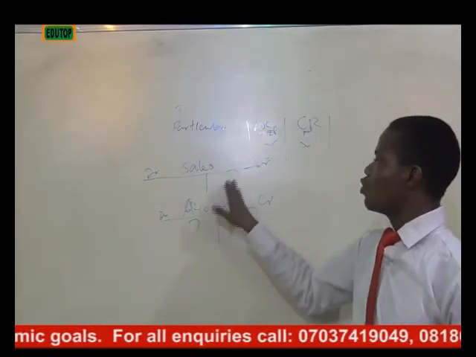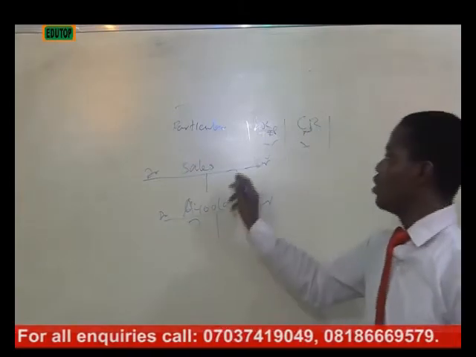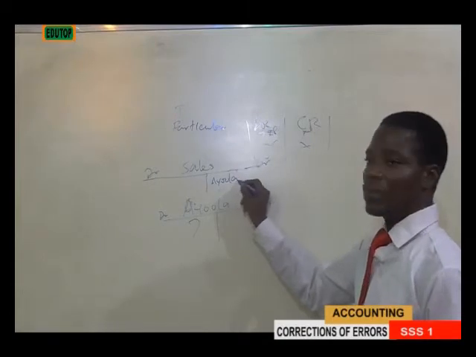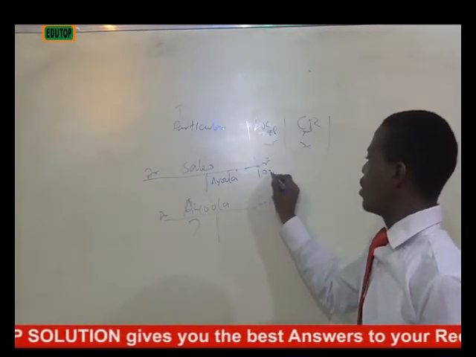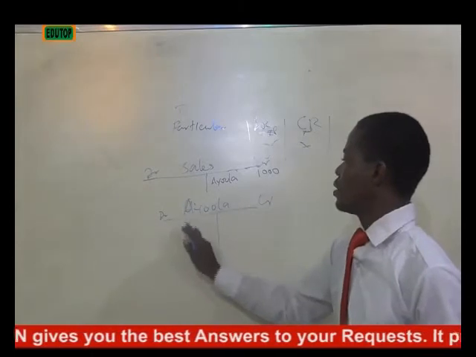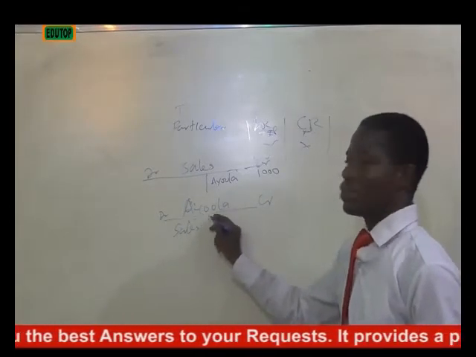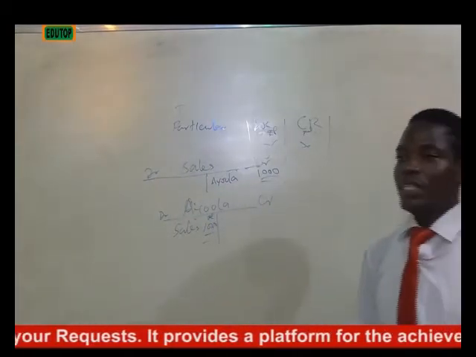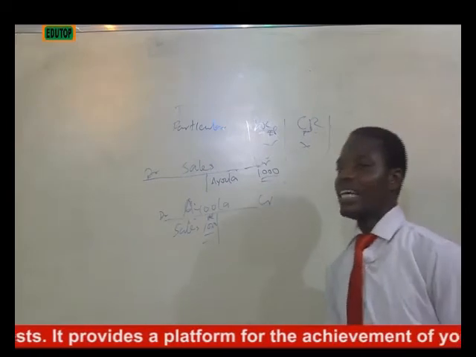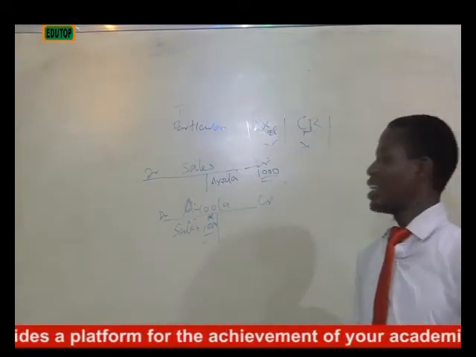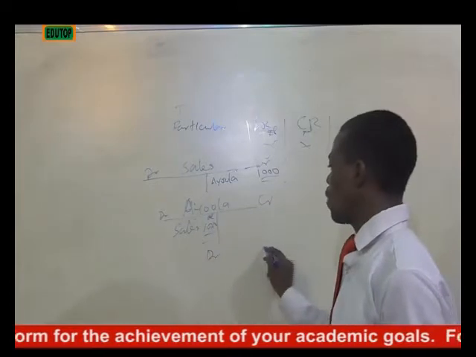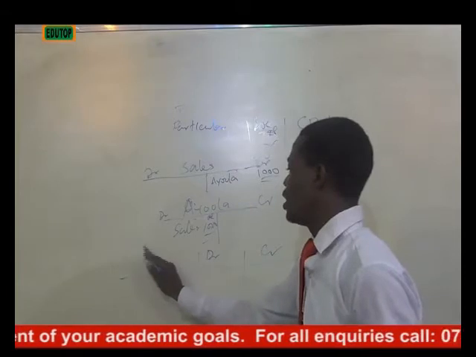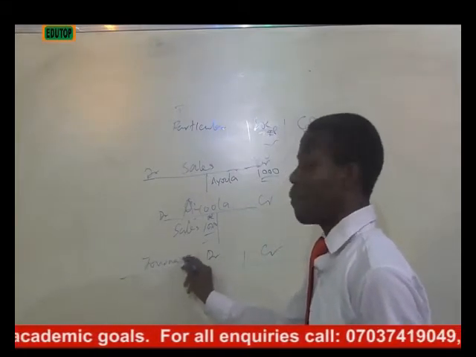What we do is put them into the trial balance again. Sales, which is Ayola, 1,000, and sales is 1,000 naira. This is how you correct the errors. And don't forget, we can use the general journal. This is the format of a journal.